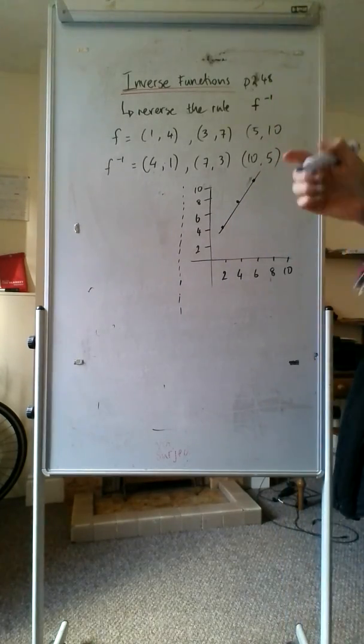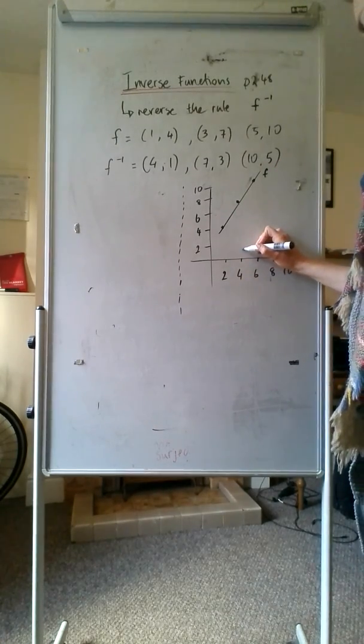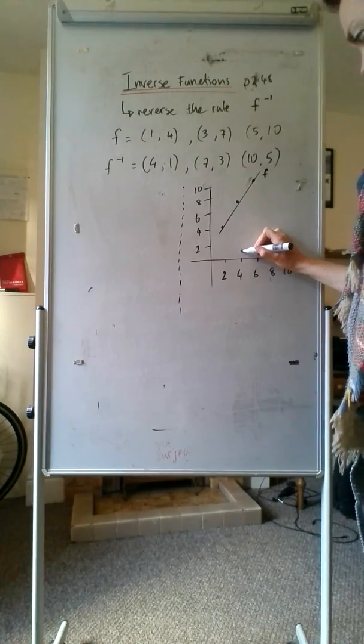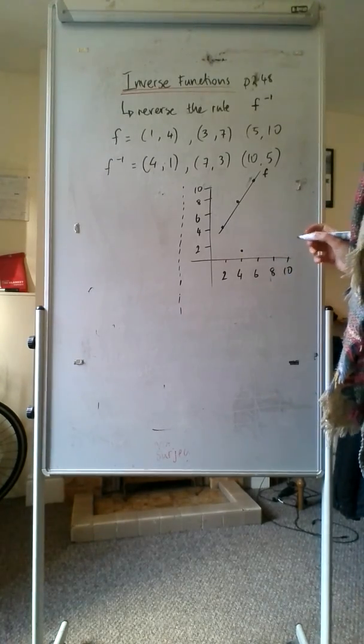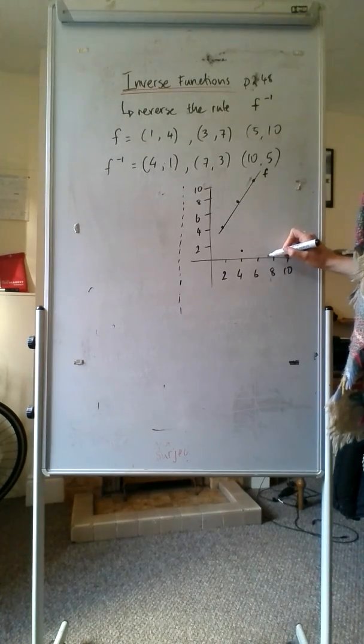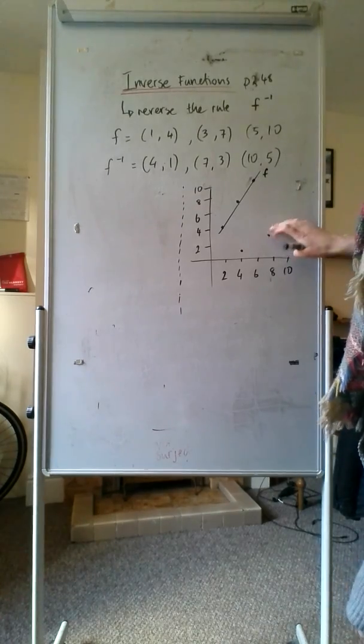So that's f. Now let's draw the inverse. It'll be (4, 1), which would be roughly there. You can do this out properly with your squares and it'll look a lot better. (7, 3) will be roughly there, and maybe actually back a bit, sorry.